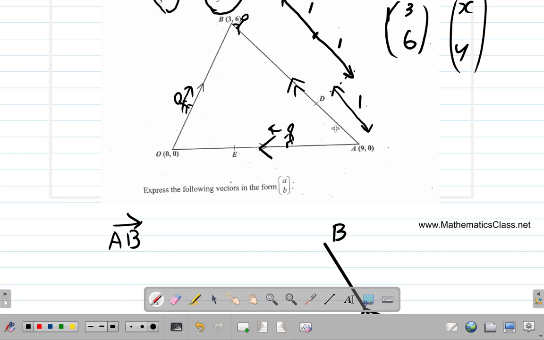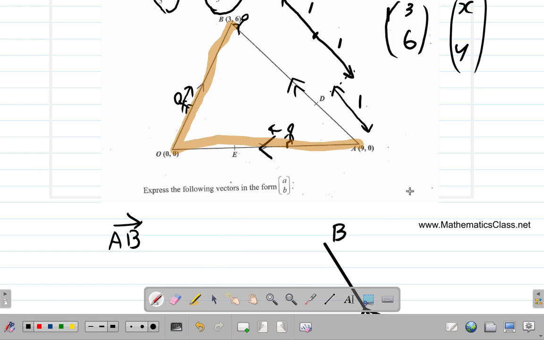What you will do is say, if you walk from A to B, you end up right here. However, you could end up the same place by walking A to O, turn the corner, then walk O to B. You see that?